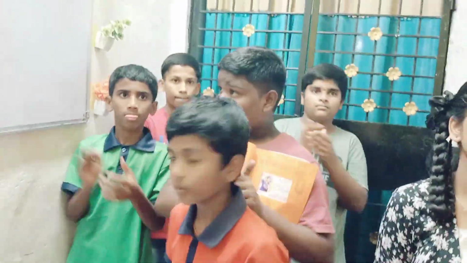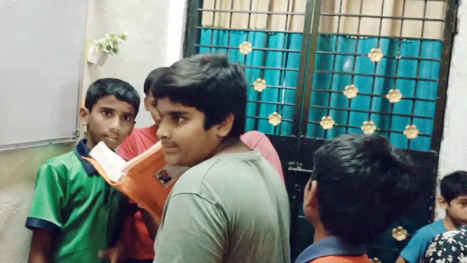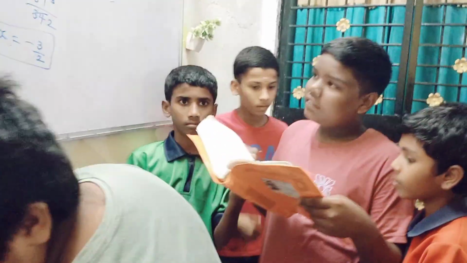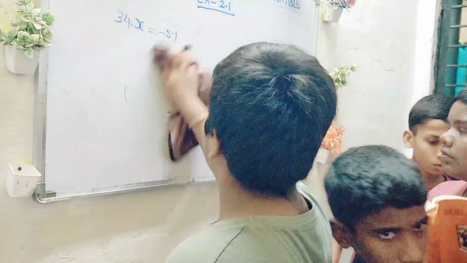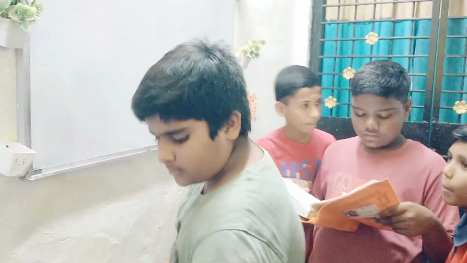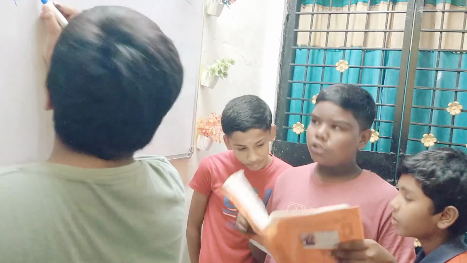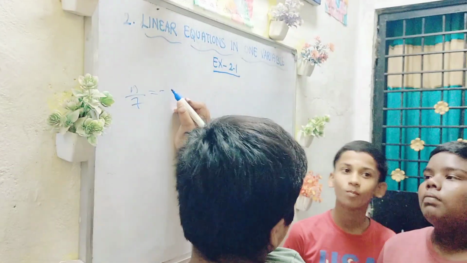Good. Next, Manoj, come and do the next equation. Rishi, dictate him. n by 7 is equal to minus 3.